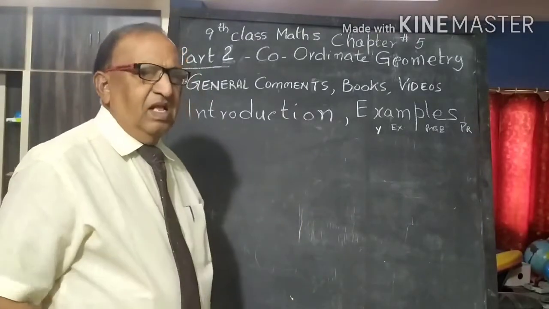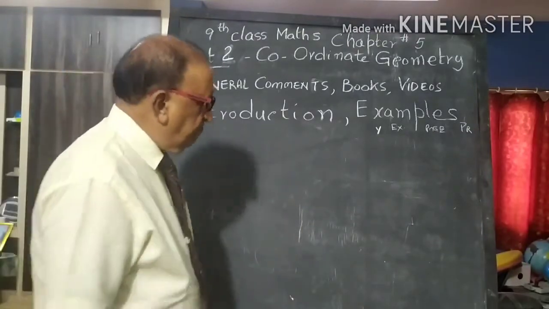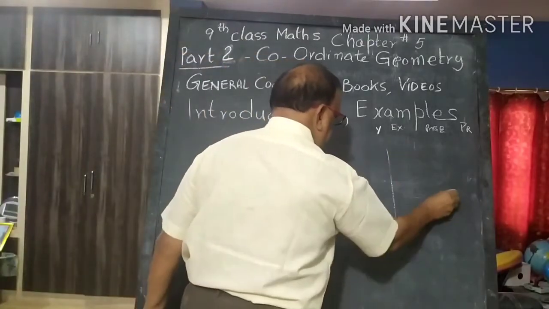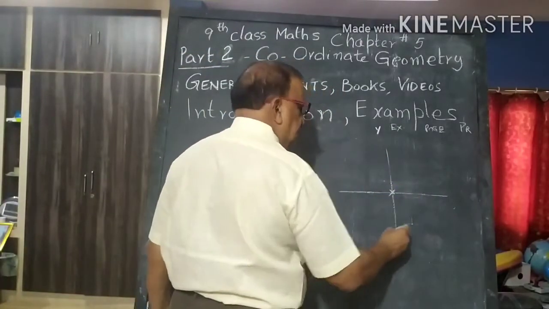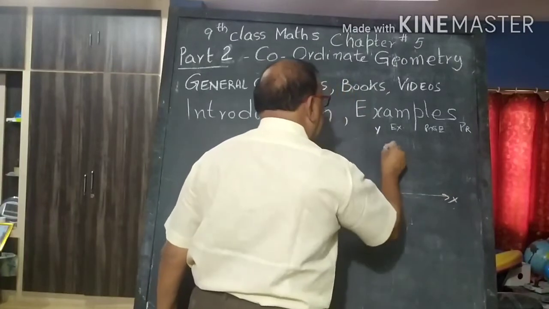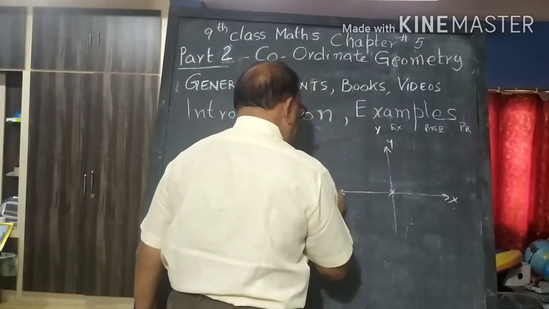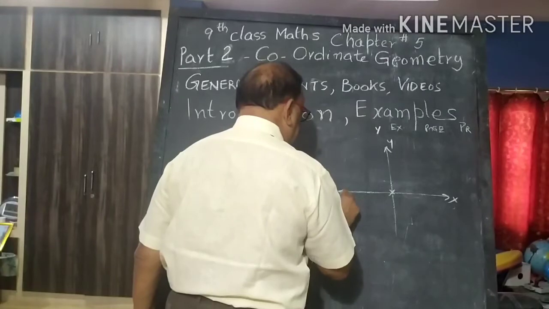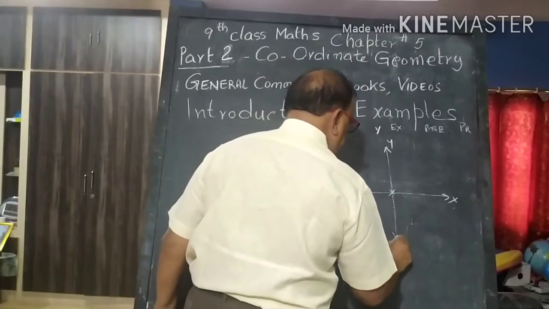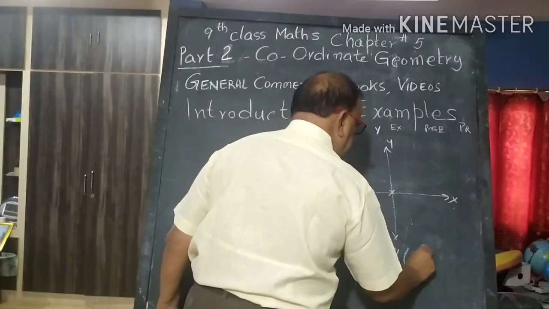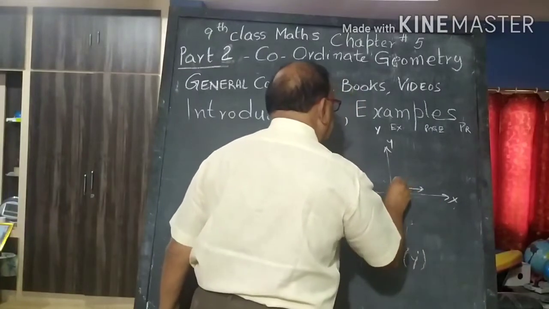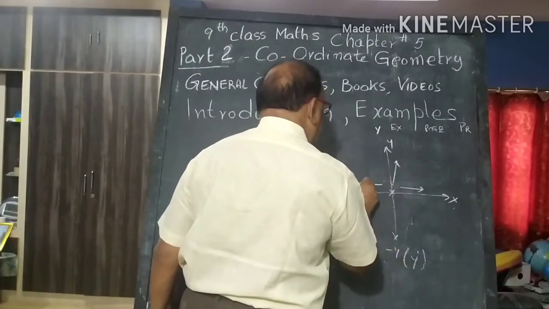So it is simple. As long as you know, in summary, this is the origin, this is x-axis, this is y-axis, this is minus x, or sometimes x dash, this is minus y or y dash. This is all positive, here this is all negative.